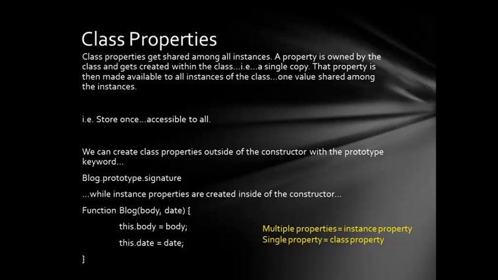I create another instance of that in my program. This.position is within that constructor. But if I create a prototype outside of that, like here you see on your screen blog.prototype.signature, that is outside of the constructor, then that's going to be shared among the class. So instance properties are created inside the constructor, and single class properties outside.